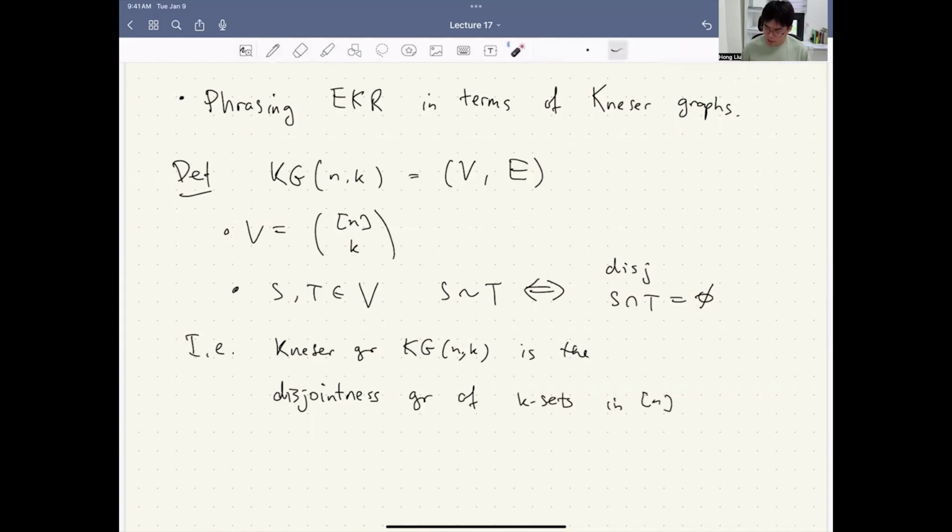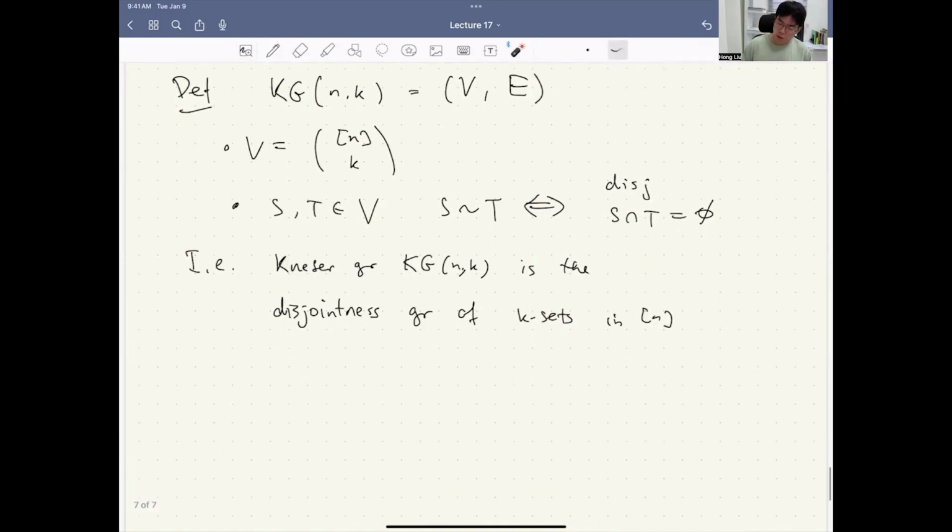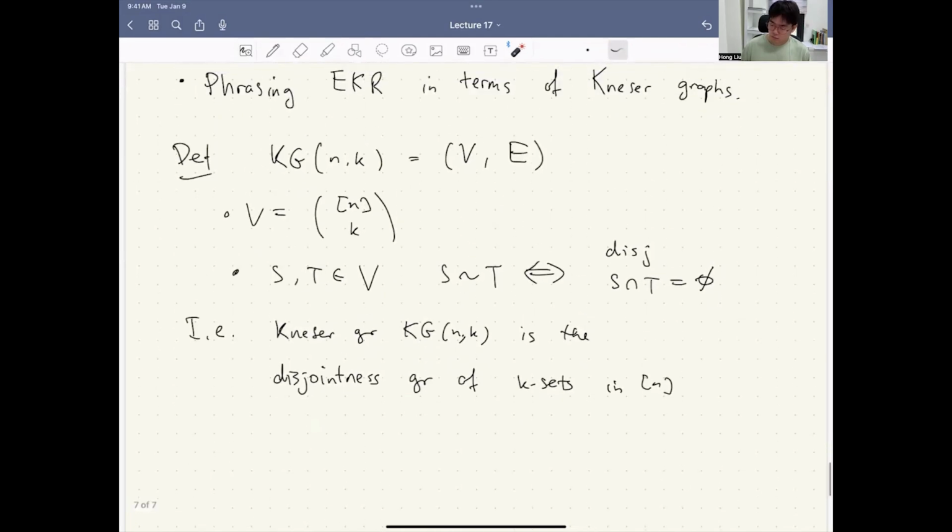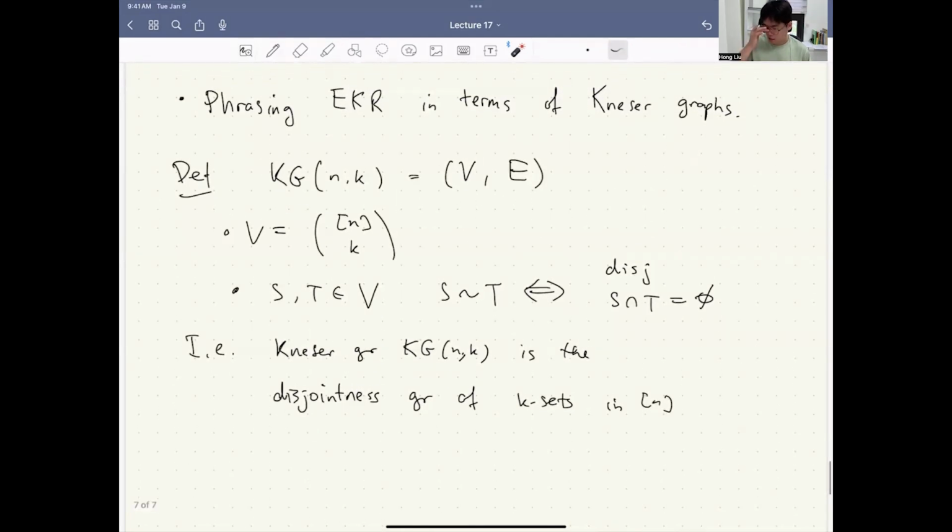That means every k-set in [n] is a vertex, and two vertices are adjacent if they are disjoint. Good. What's now the correspondence? In this definition, if two sets are intersecting, then in the Kneser graph there's no edge. They form an independent set of size 2.